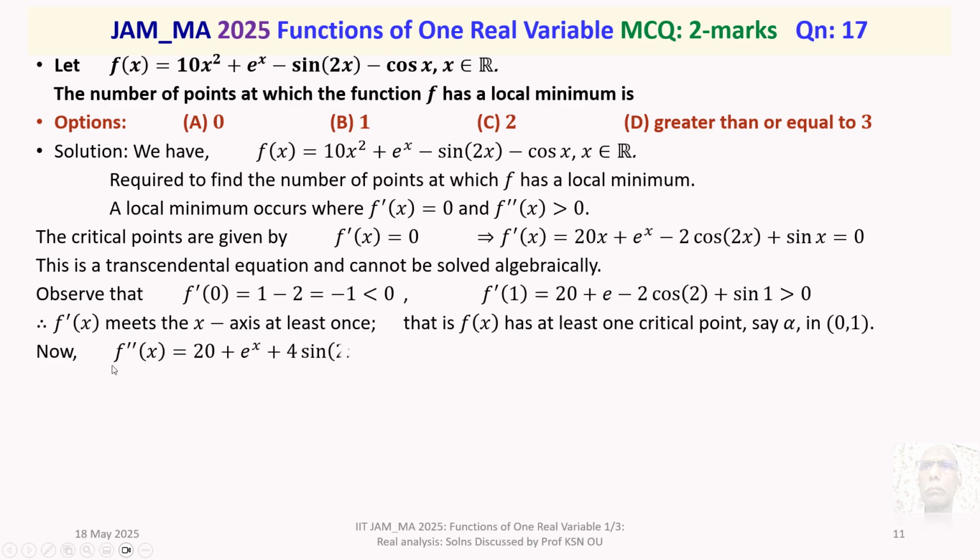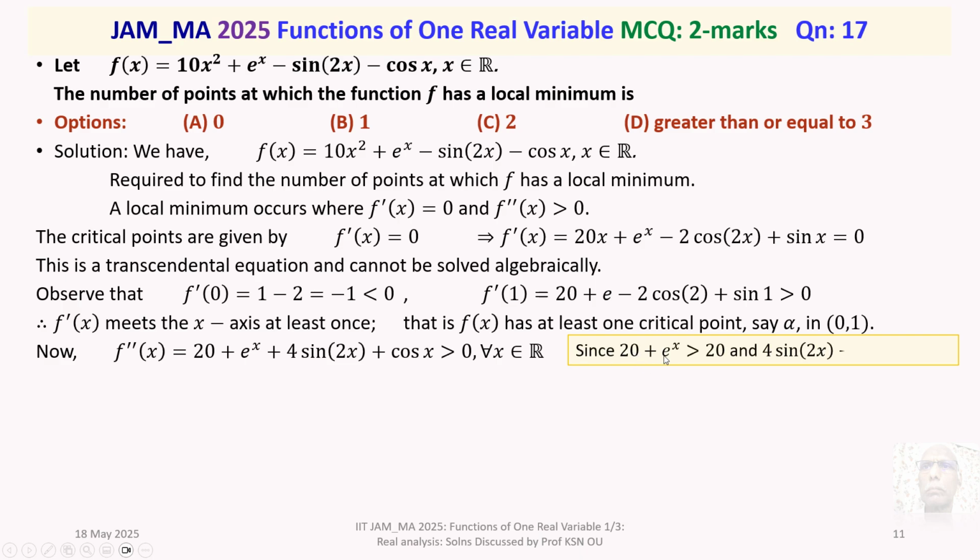Now we compute the second derivative of f: f double prime x is equal to 20 plus e power x plus 4 sin 2x plus cos x. It is greater than 0 for all x belongs to R. How?